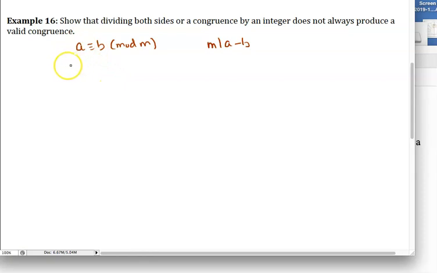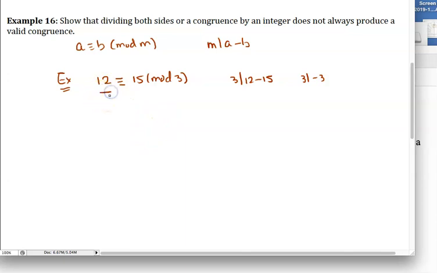All right, so let's look at an example. I have 12 is congruent to 15 mod 3. This congruence is true because 3 divides 12 minus 15. 3 divides negative 3, so this holds true.